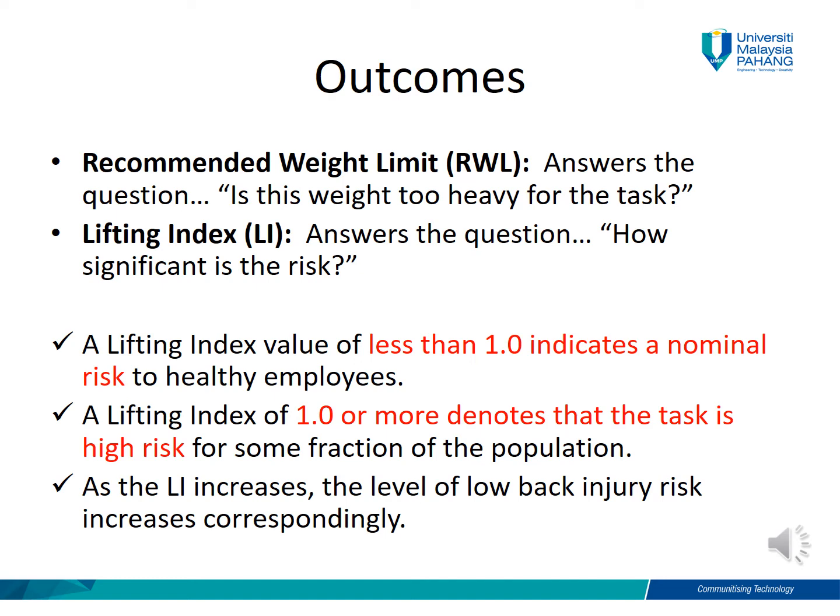A lifting index of 1 or more denotes the task is high risk for some fraction of the population. As the LI increases, the level of low back injury increases correspondingly. However, there is research saying that for a lifting index of more than 3, a stop work order needs to be issued because it is too dangerous.